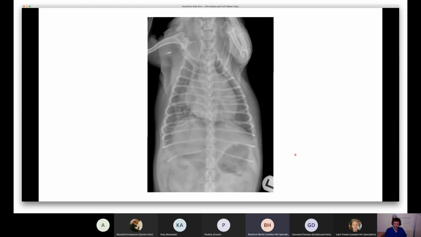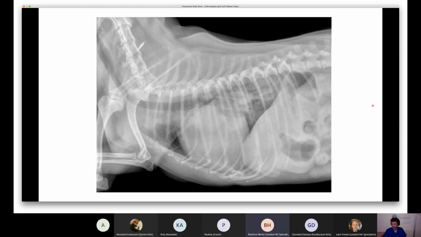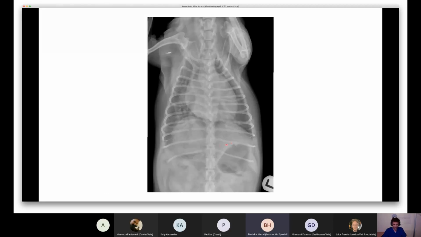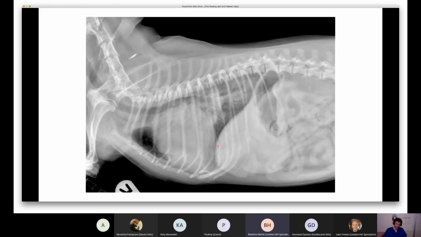Moving on to the last projection, there is the cardiac silhouette that is enlarged, still dorsally displacing the trachea. Around the hilar region, there is this increase of soft tissue opacity. I try to look at the vessels to assess them. I cannot really see them on the DV view, and on the lateral view, they seem bigger.